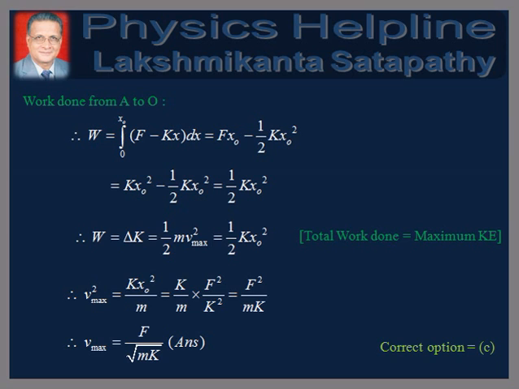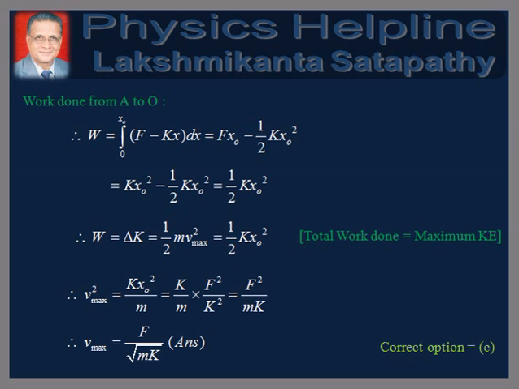From work energy theorem, we have work done by the net force is equal to the gain in kinetic energy of the block. Since initial kinetic energy is equal to 0, this work gives us the maximum kinetic energy of the block, which in turn will give us the maximum speed of the block.